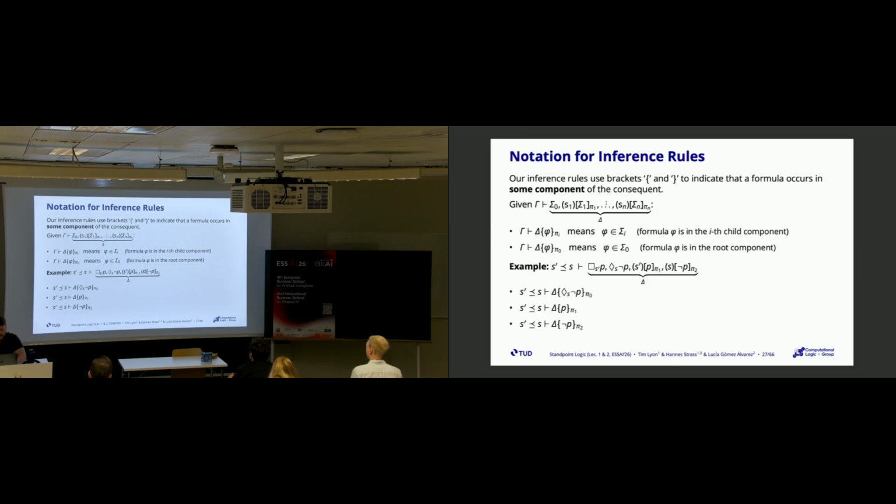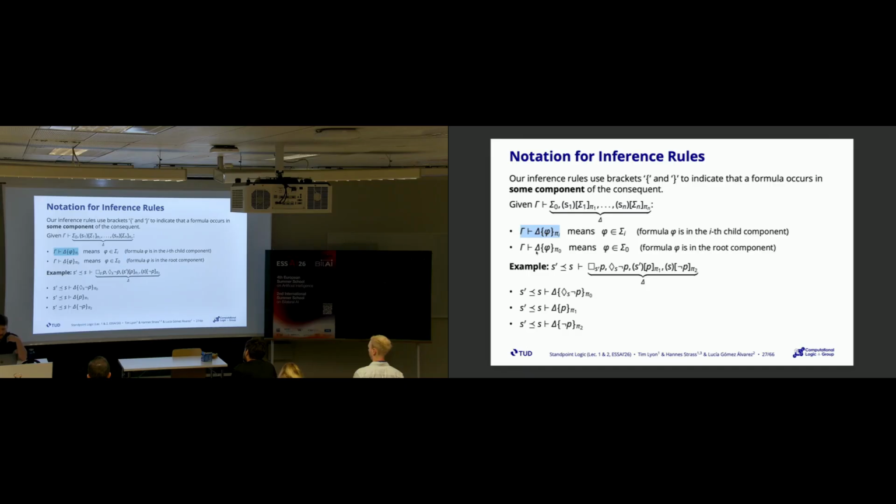So given a nested sequent, which generically has this form, we use this bracket notation to essentially talk about where specific instances of formulae occur inside of the nested sequent, which will be helpful for us to formulate our inference rules. This is in what is called the deep inference paradigm of proof theory. So we use this notation as shown here on the slide.